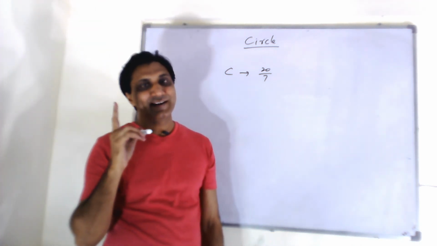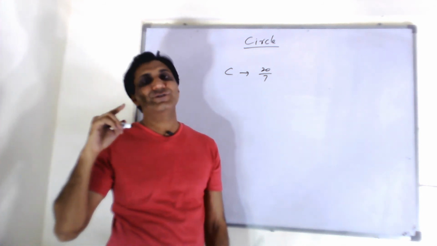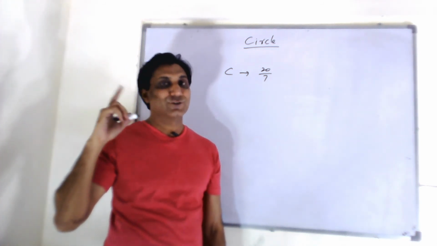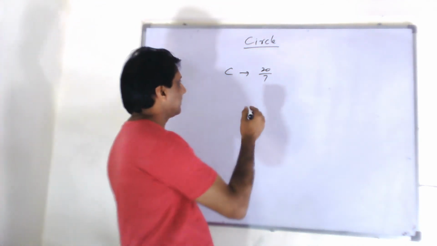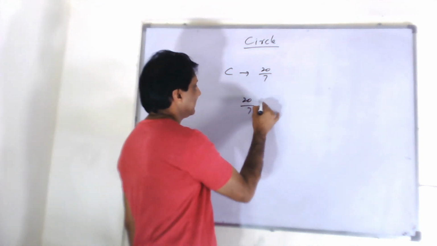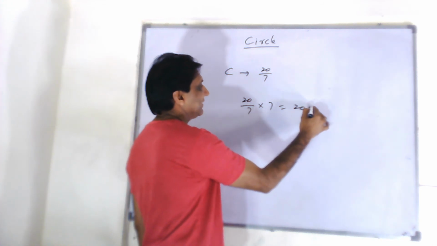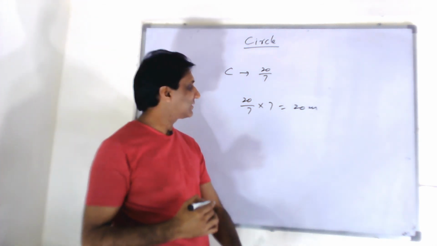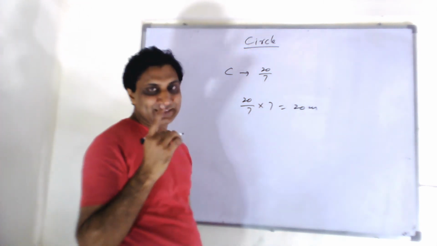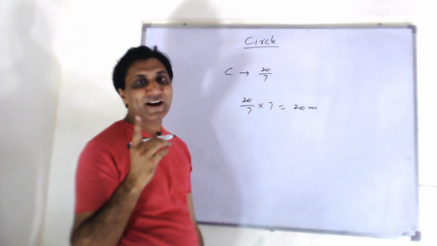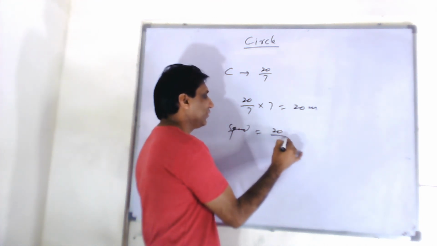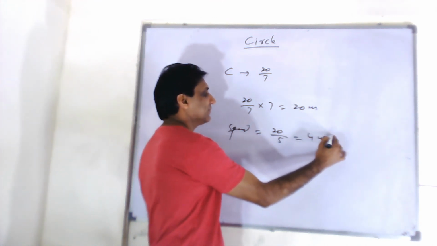For finding the speed, we need to divide the total distance by time. The total distance for 7 revolutions will be 20/7 times 7, that's 20 meters. This distance is traveled in 5 seconds. So the speed is distance over time, 20/5, that is 4 meters per second.